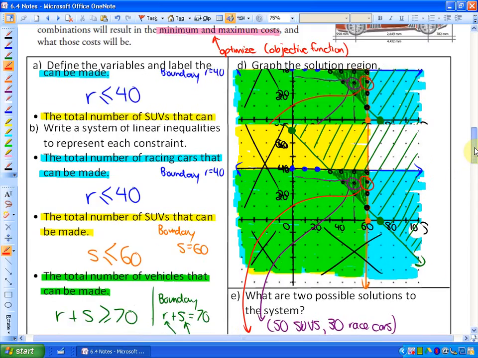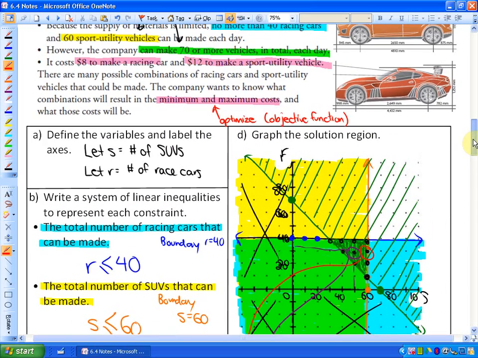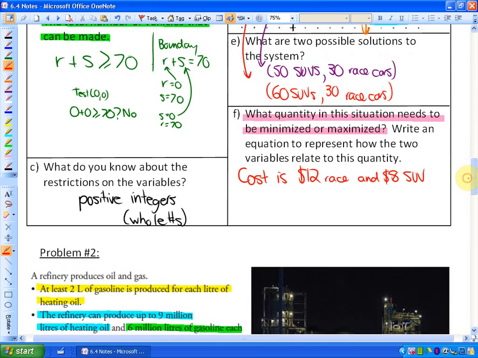I think that's correct. $8 for a race car. I'm wrong, sorry. $8 for a race car and $12 for an SUV. So if you like the actual equation, it would be cost is equal to $8 per race car plus $12 per SUV. We'll investigate what that objective function means a little bit later in a future lesson.